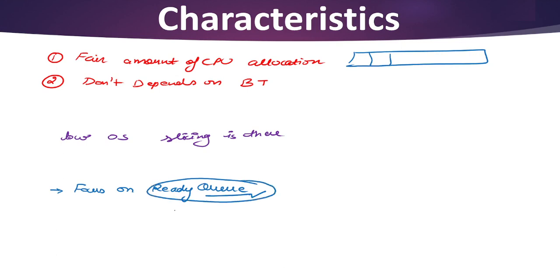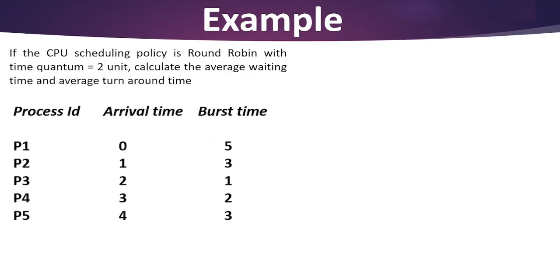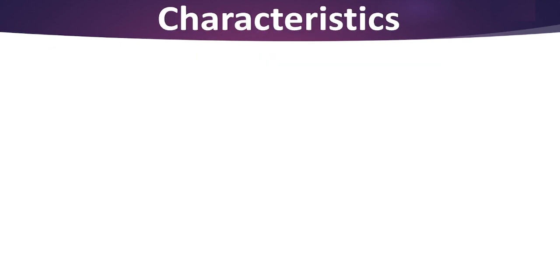All the processes are added to the ready queue. At first, the burst time of every process is compared to the time quantum of the CPU. Here we have one example, but before moving to the example, let's talk about some characteristics.